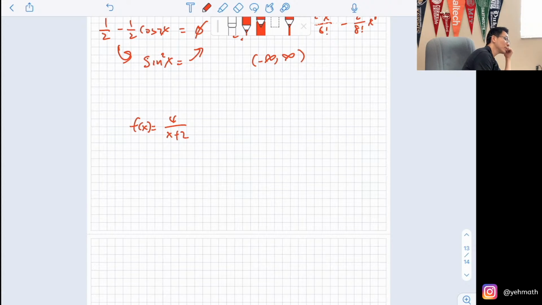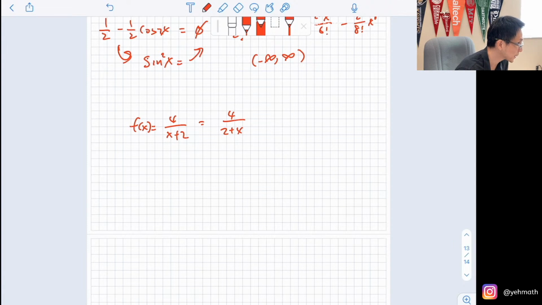What kind of series was that? Geometric. Okay. So geometric, can I rewrite this as 4 over 2 plus x? Does that make sense?